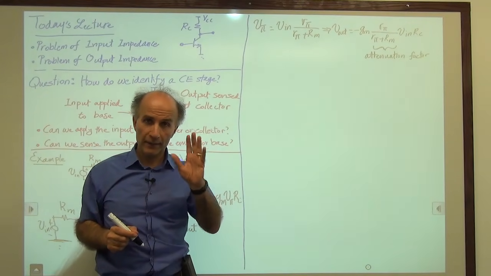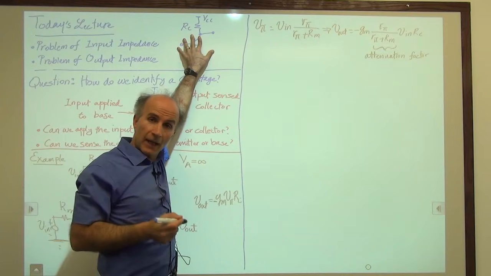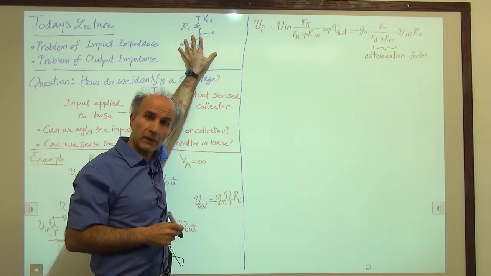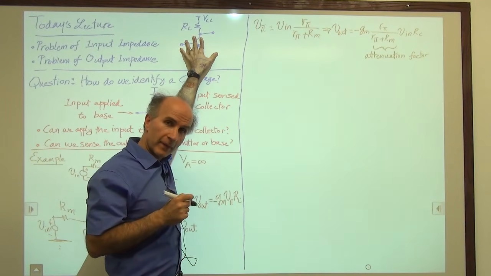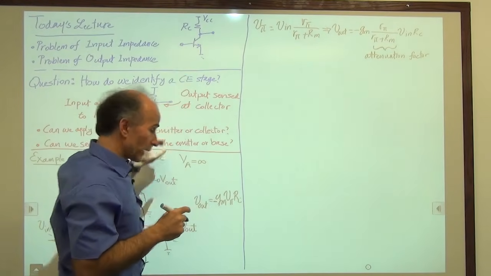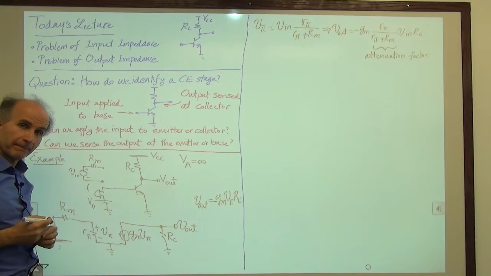If I have just a simple common emitter stage like this, and I say the gain is -10, -20, or whatever, that does not tell me what happens if I connect a microphone to the input with a finite internal resistance, right?